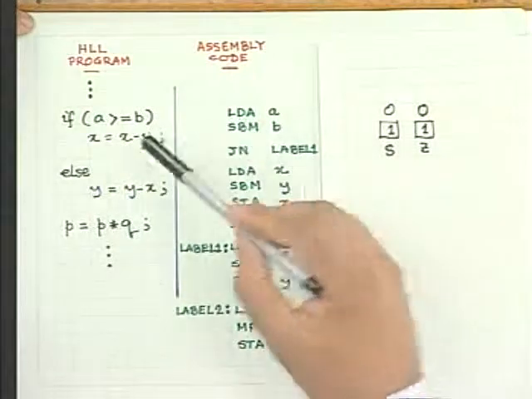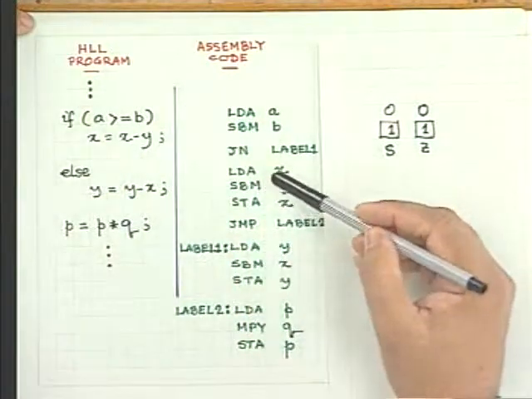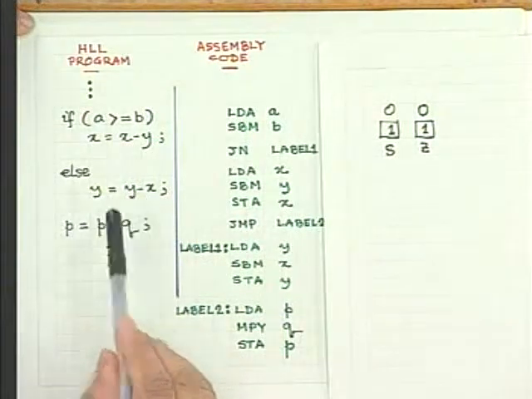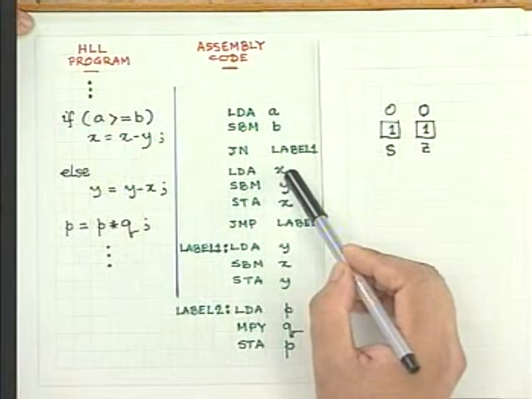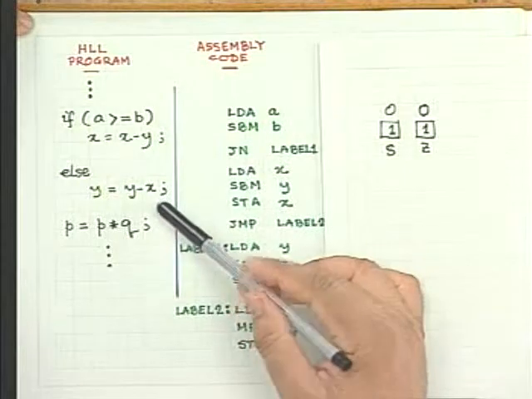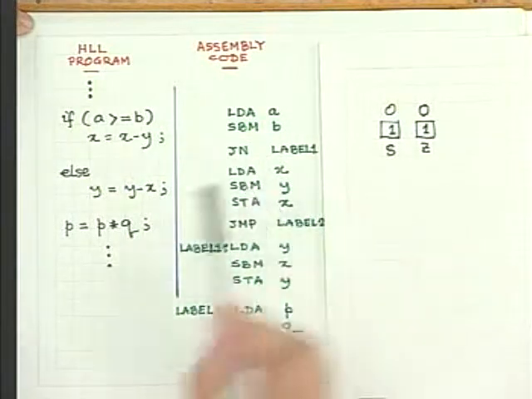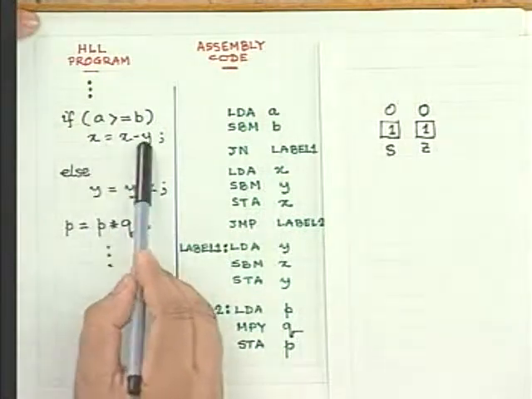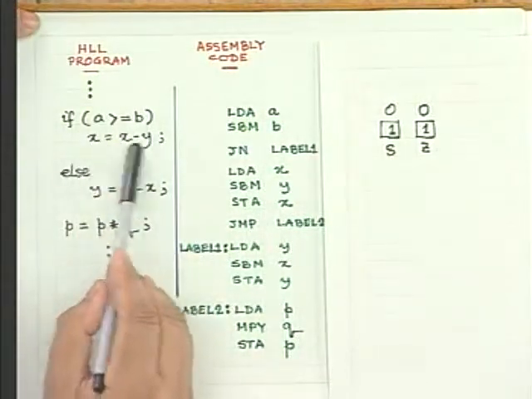If the result is greater than or equal to 0, right, then this instruction is executed. Then load accumulator X, subtract memory Y, oh, sorry, not this one, this instruction is executed. If A is greater than or equal to B, this instruction is executed.